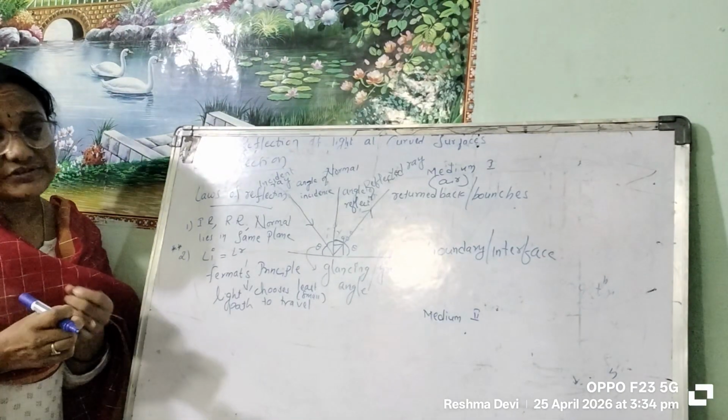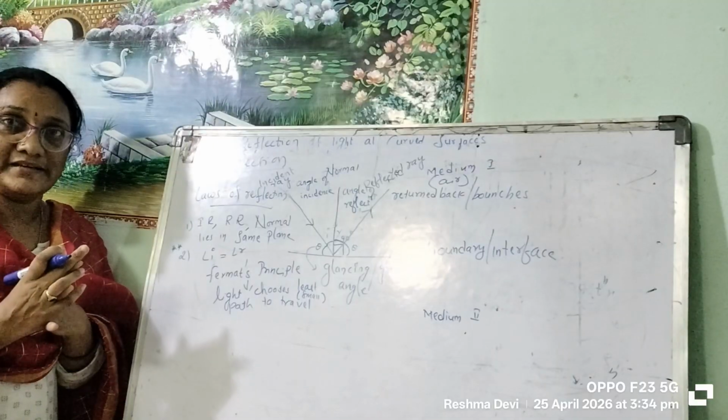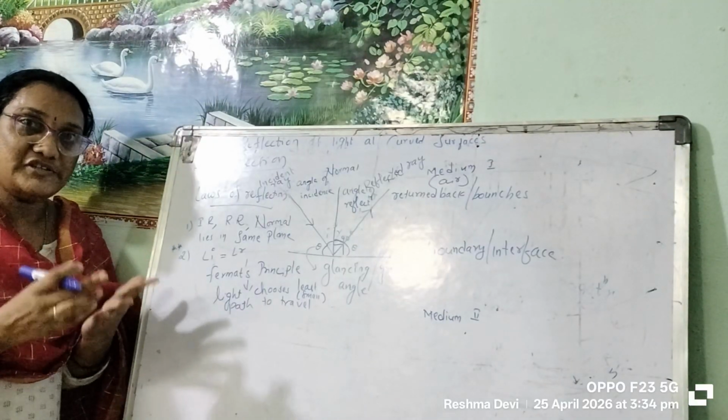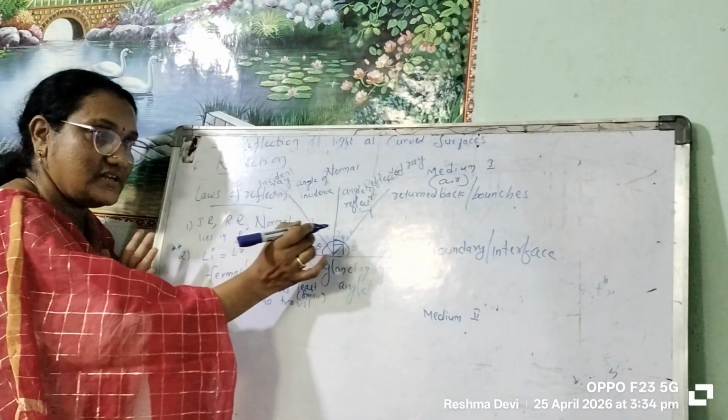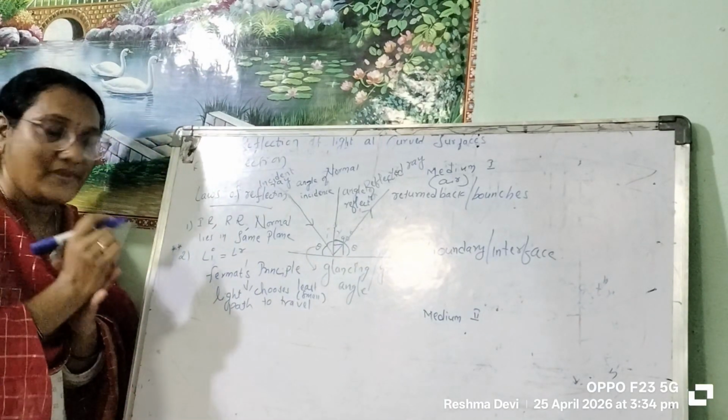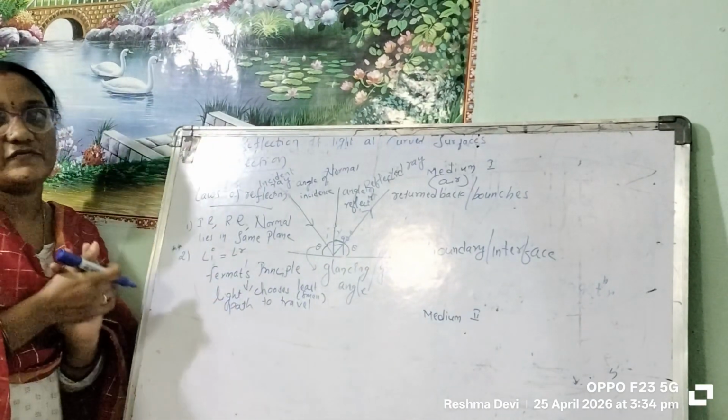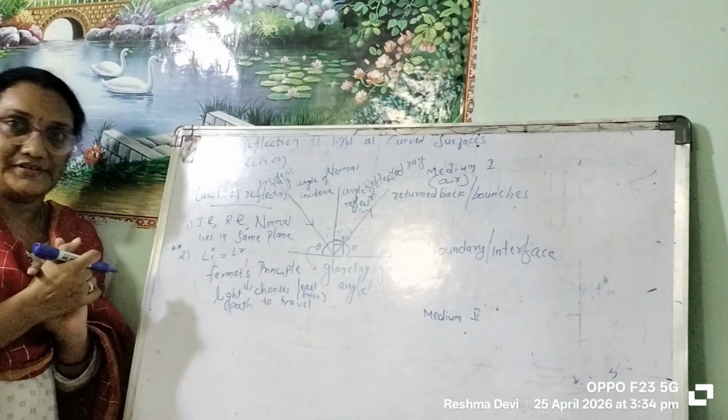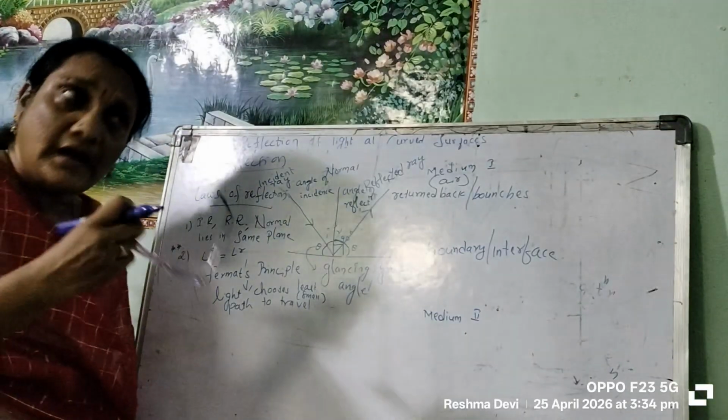So as it chooses the least or smaller path, there will be no much variation between angle of incidence and angle of reflection. So only angle of incidence will be equal to angle of reflection.